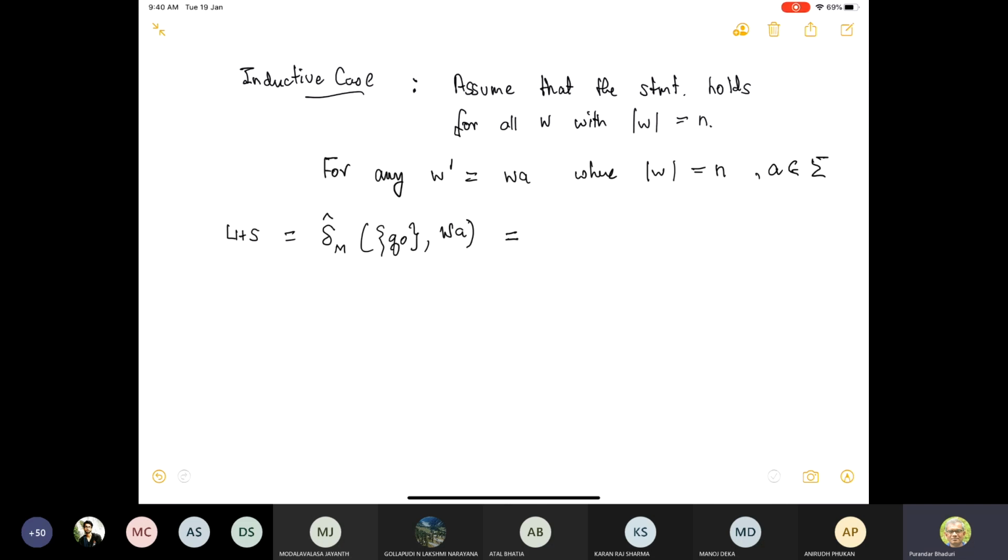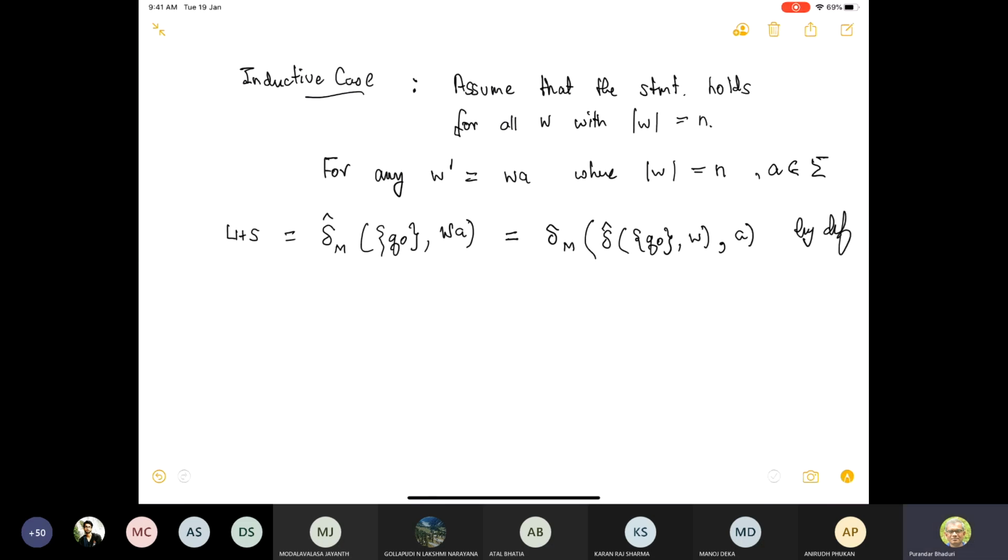We follow the usual inductive definition of delta hat for DFAs. So this is nothing but delta M, delta hat singleton Q0 W comma A, right?